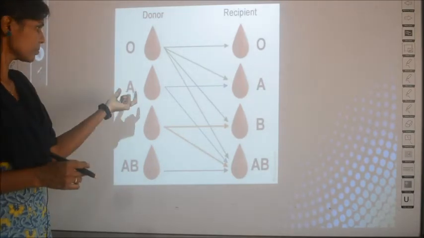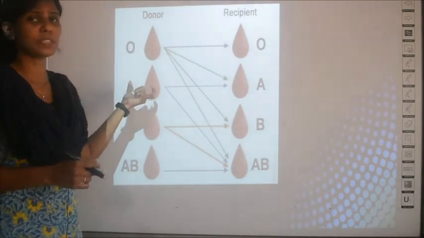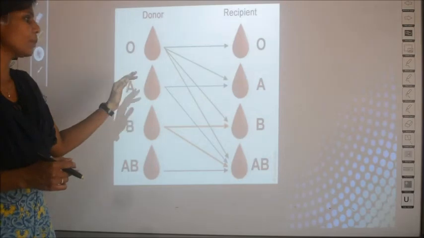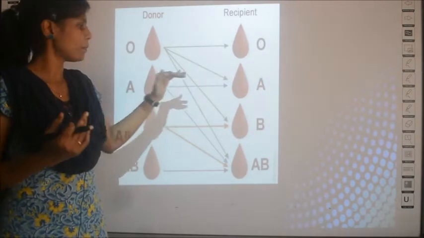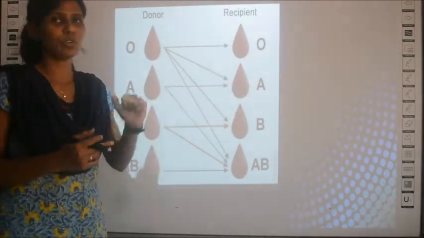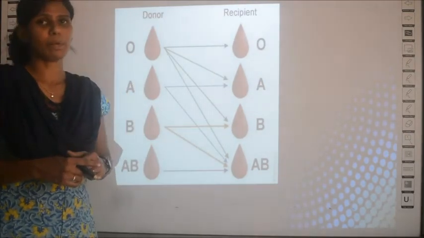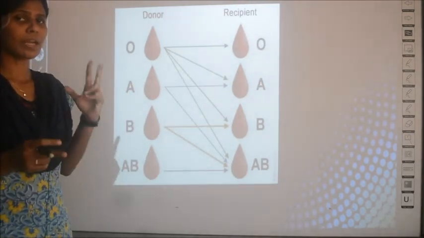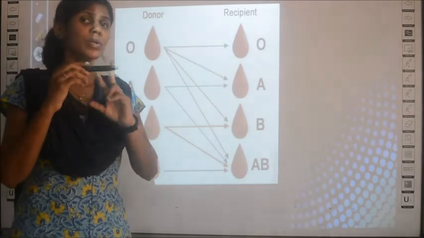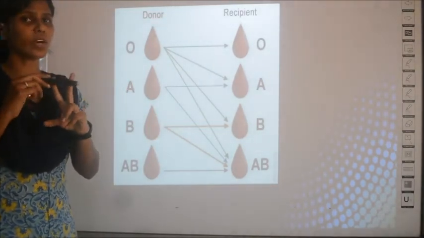Okay, what about an A blood group person? A person with A blood group can donate to the same type, like again to one more A blood group person, as well as he can donate blood to AB blood group people. So A blood group people can donate blood only to two categories. What categories?